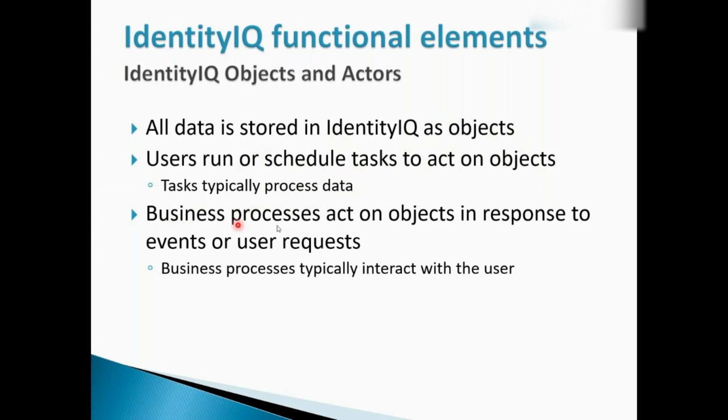Next, business processes act on objects. A business process is nothing but a workflow. Let's say a user raises a request. What is the business need? It should go for approval. The first step is to go for approval. The second step is to identify the users to whom we need to send the approval.